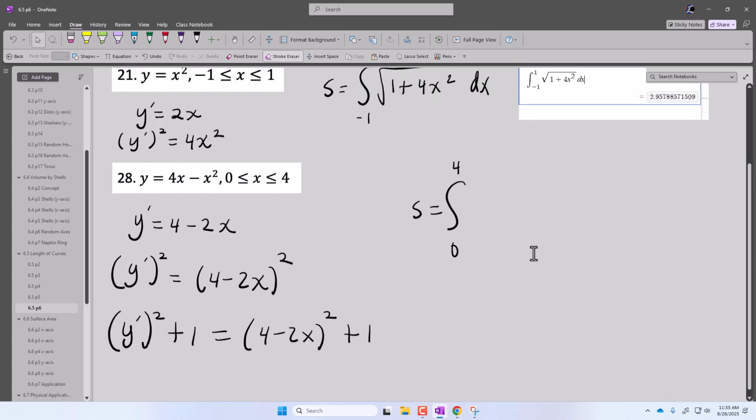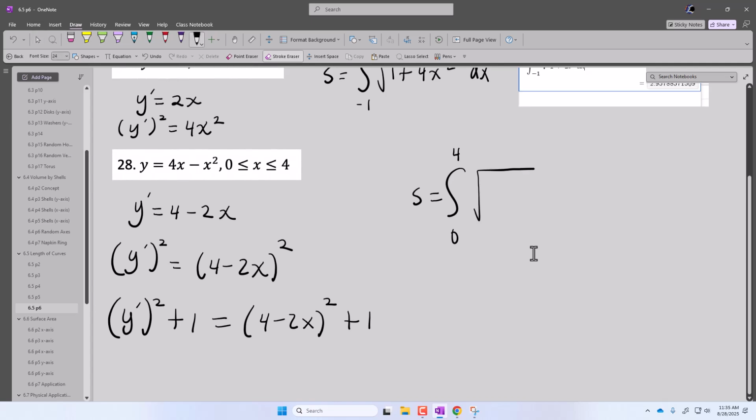So we'll integrate 0 to 4 and then the square root of all this. I am going to multiply it out. I have to. So 4 squared is 16 plus 1 is 17. And then the middle term is minus 8x doubled, so minus 16x plus 4x squared dx. So that.